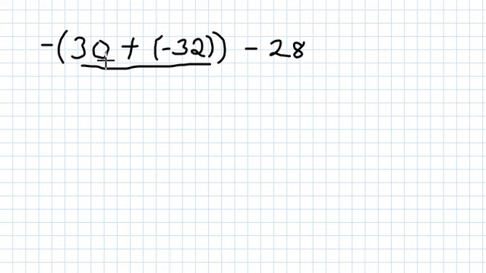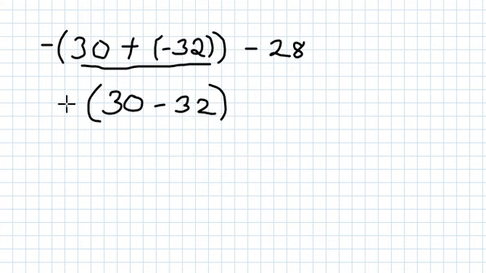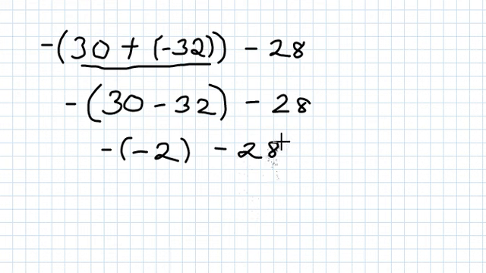So I can rewrite this as 30 minus 32, and then we're going to put parentheses around all that, minus 28. And 30 minus 32 is going to end up being negative 2. Minus 28.